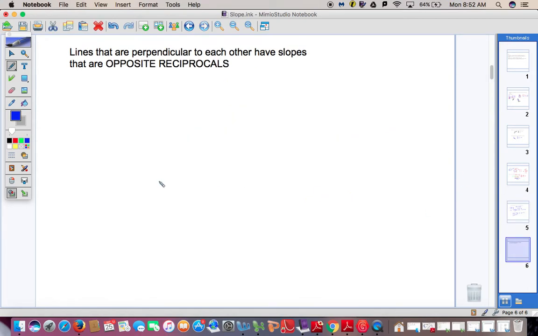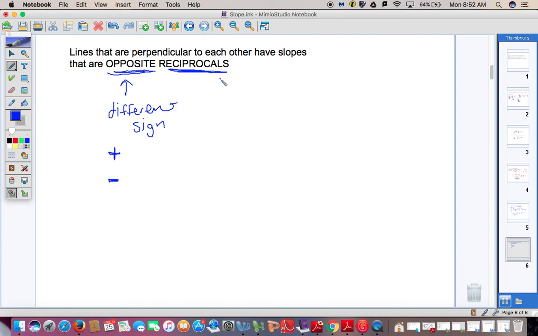Lines that are perpendicular have slopes that are opposite reciprocals. Okay, so again, you need to know what opposite means, and you need to know what reciprocal means. Now, opposite means different sign. So if you have a slope that's positive to begin with, the opposite reciprocal would mean that you have a negative slope.